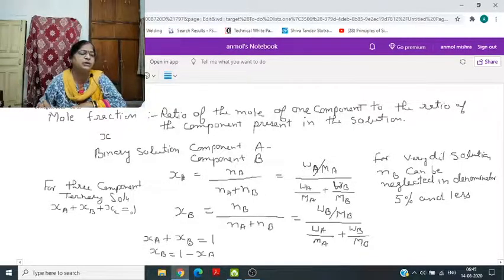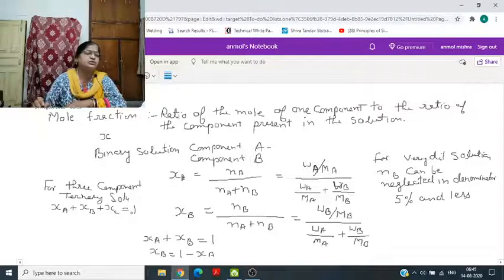So again you have to find the mole fraction of 2, add them and subtract from 1. Whatever the number of components in the solution, the total will be equal to 1.